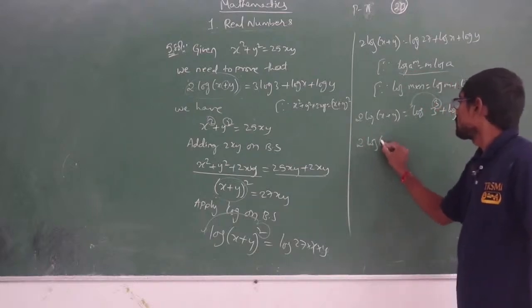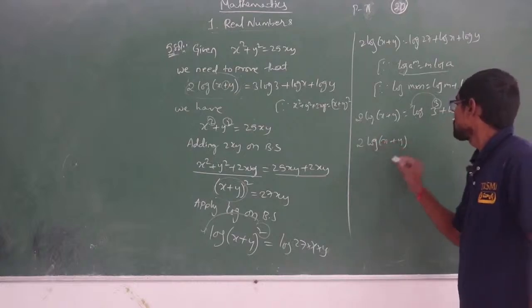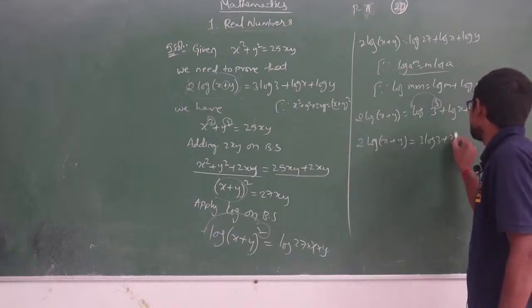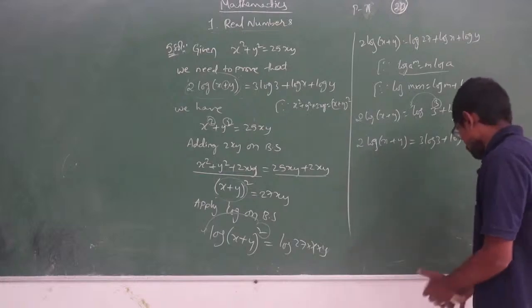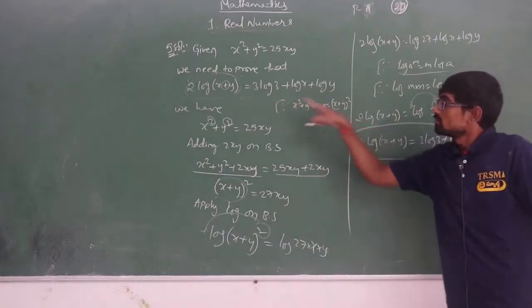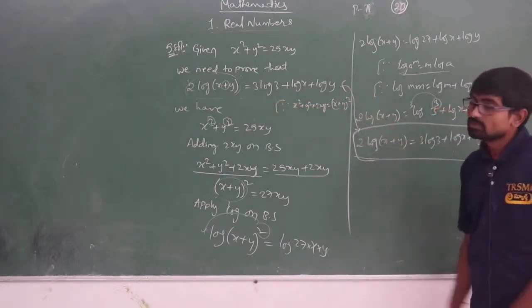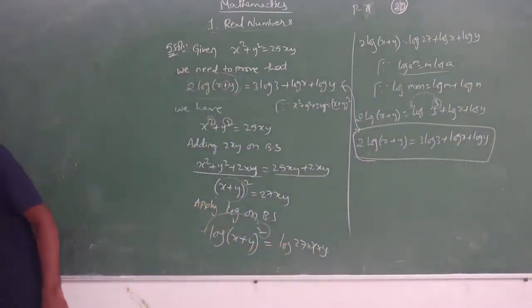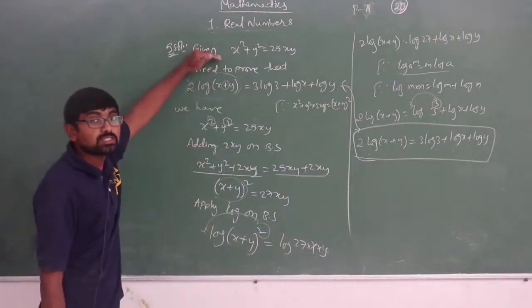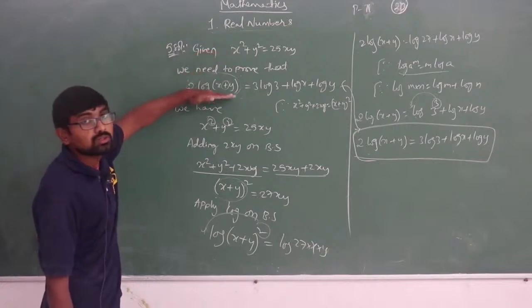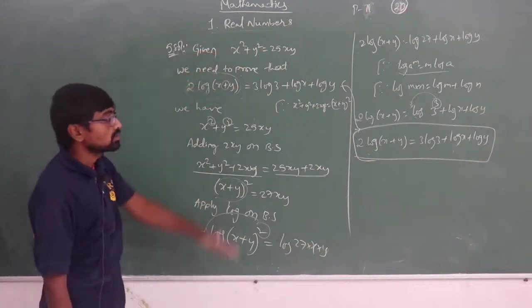So I will get 2 log of x plus y equals 3 log 3 plus log x plus log y, isn't it? Now you can see this one and this one, are they both equal? Yes, they both are equal. So like this, the exponential form is proved into logarithmic form by these steps.